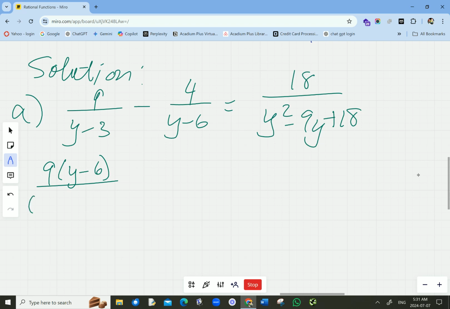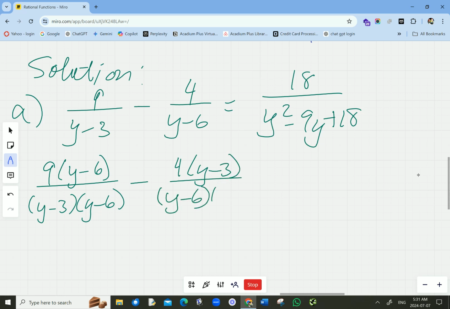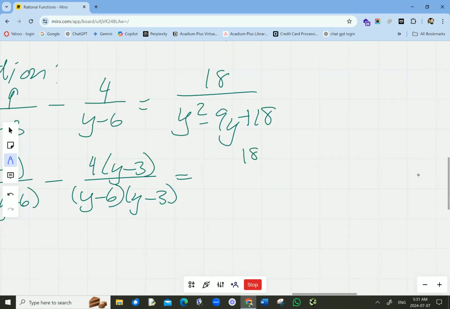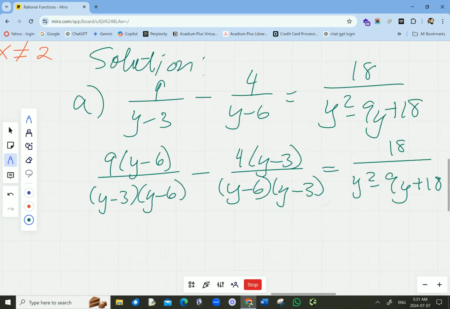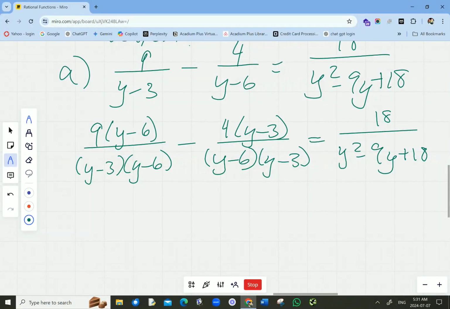That means multiplying the first term by y minus 6 and the second term by y minus 3 in the numerator and denominator, and leaving the right-hand side as is. If we really wanted to, we could factor the denominator, but I don't think that's necessary yet.